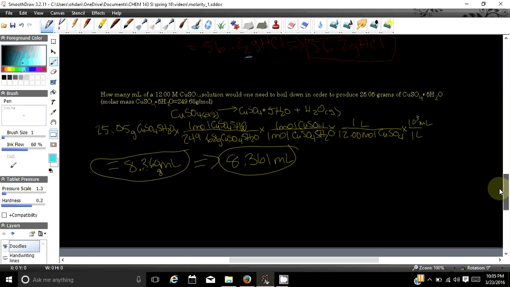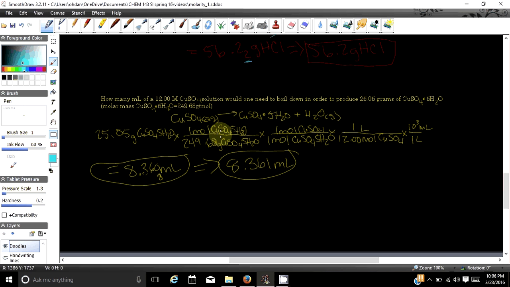And the last one. So this is the equation for the problem right here. What actually ends up happening is you boil this down, and if you keep boiling down, you'll get basically a white powder.